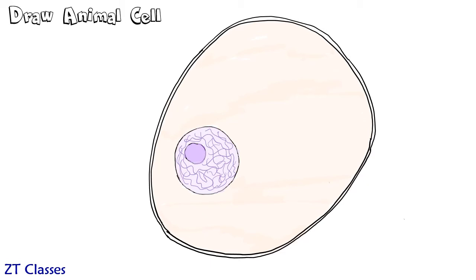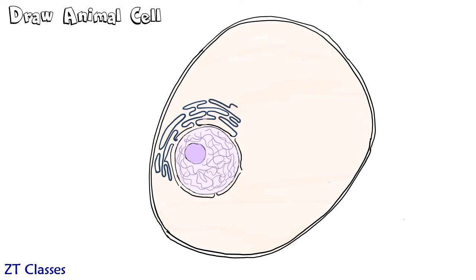Now the nucleus has a double membrane, and let's draw the double membrane. Attached to it are folded membranes, which form another organelle called the endoplasmic reticulum. The part on which ribosomes are attached is called the rough endoplasmic reticulum.